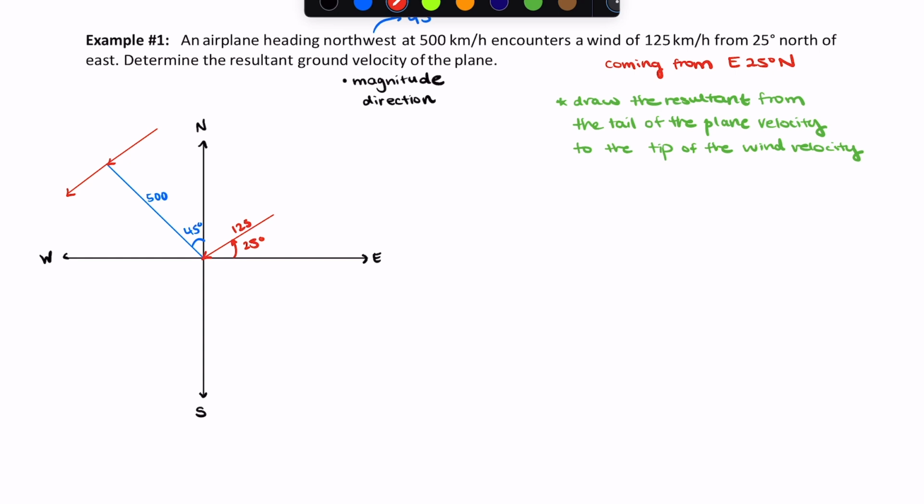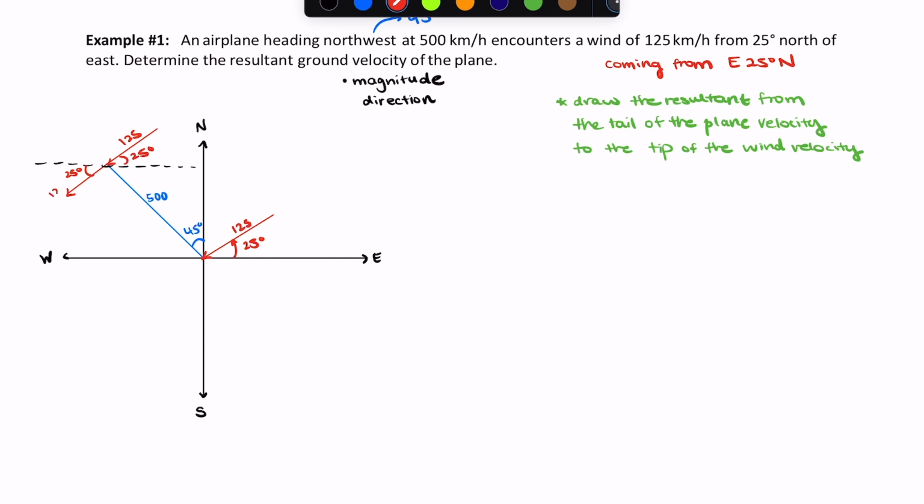This is 125, and this angle is also 25 degrees.